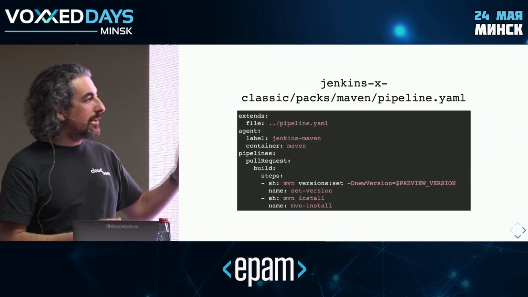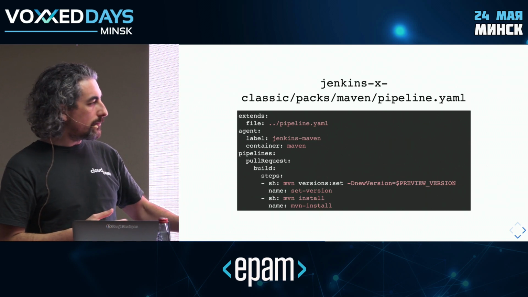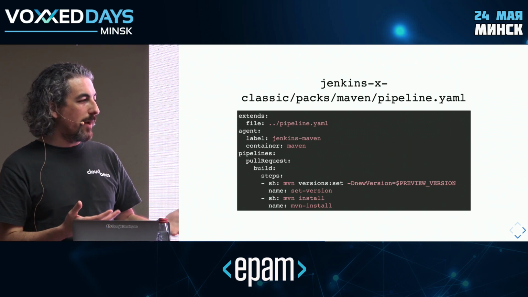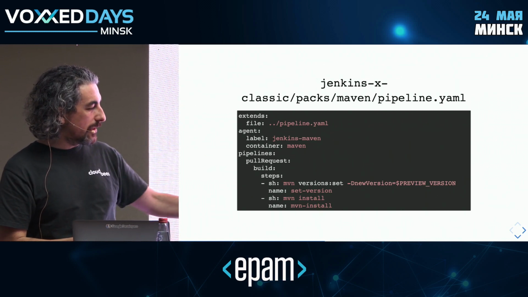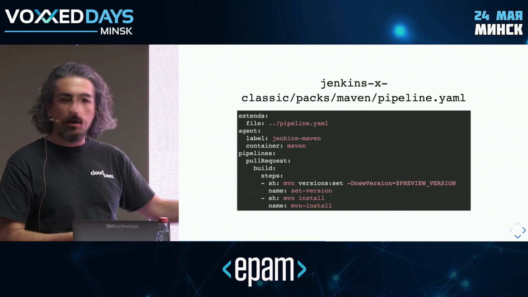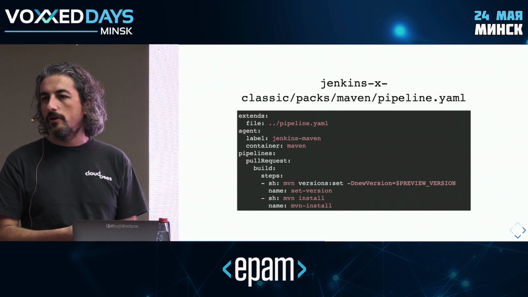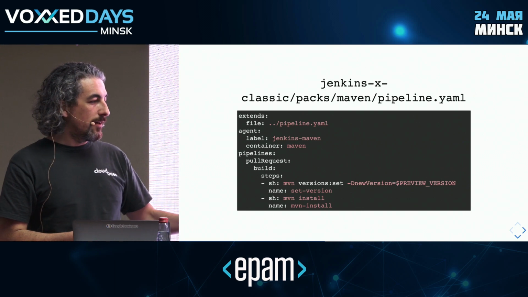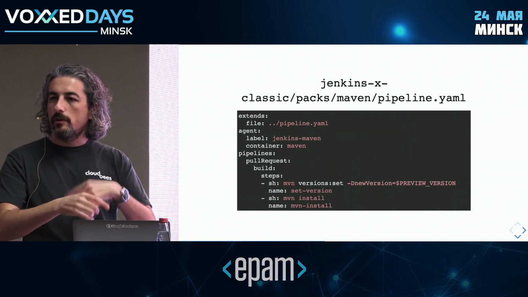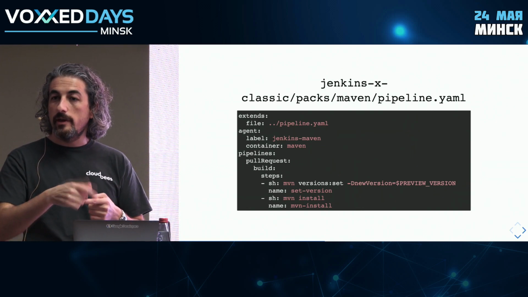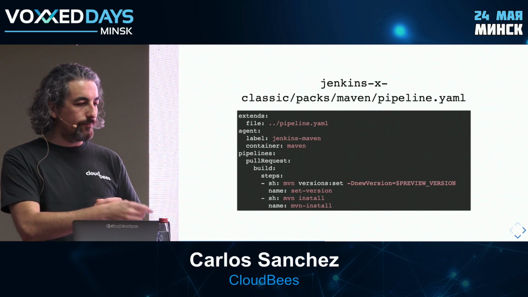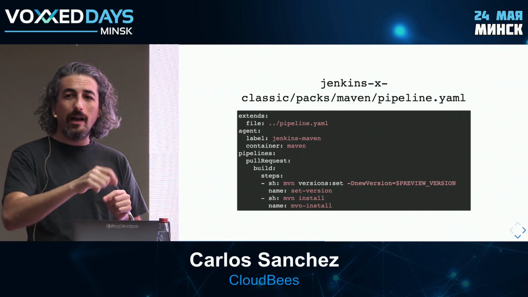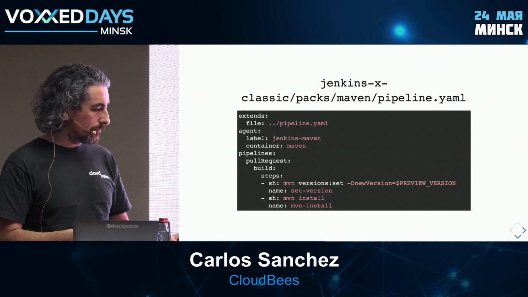But then if we look at the main file that defines what our pipeline does, you will see that some steps are defined. So this is all that's going to happen in your project. It sets the version automatically to the next version in the POM file, so it will automatically increase the version.